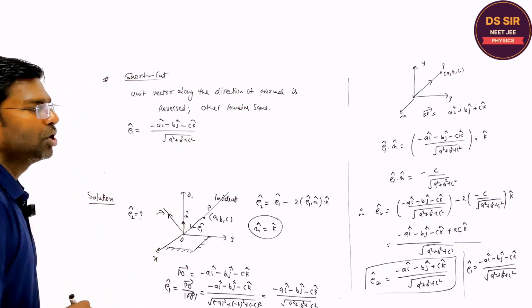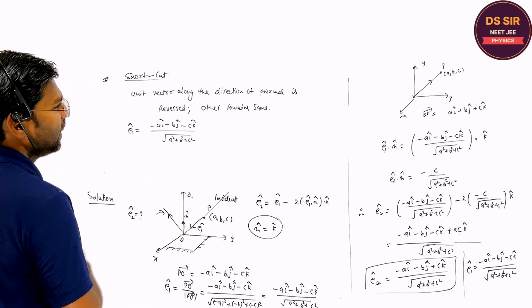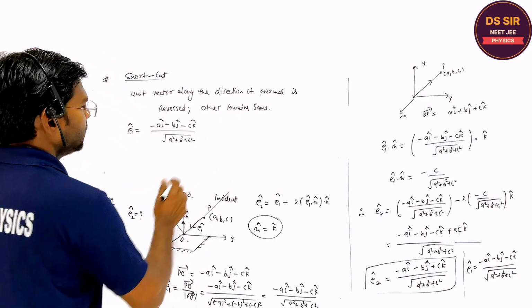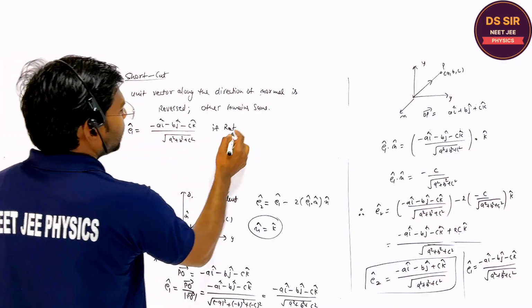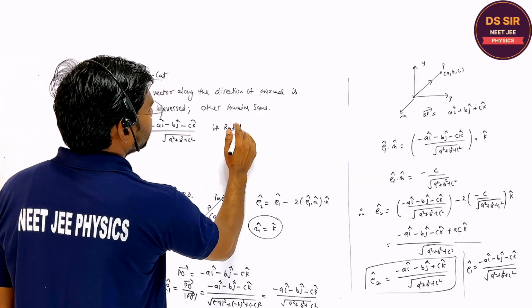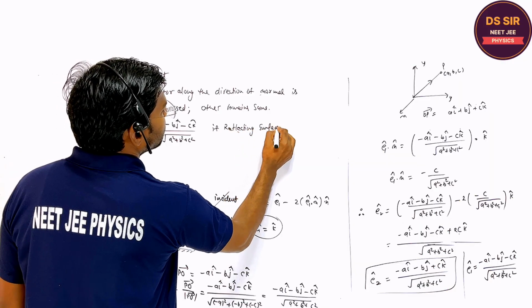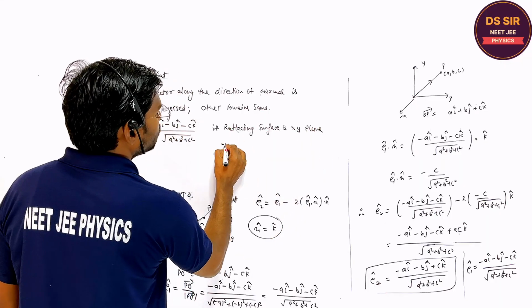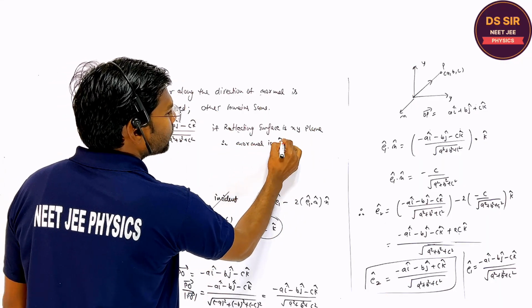This is the unit vector. Unit vector means its magnitude is 1. If the reflecting surface is the xy plane, what is the normal vector? You tell. Normal is k cap.